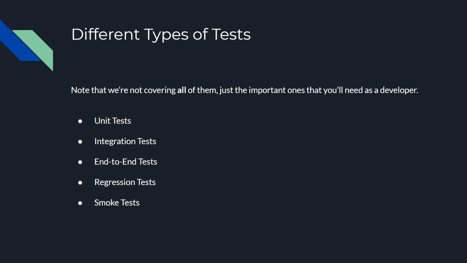Integration tests are kind of the next level up, where let's say your system connects to a database. So you test some function, and you allow that function to actually connect to the database, get the data, and then test the output. They're basically the same as unit tests, except in unit tests, you prevent the given function from talking to another system. In an integration test, you test it with the other system.